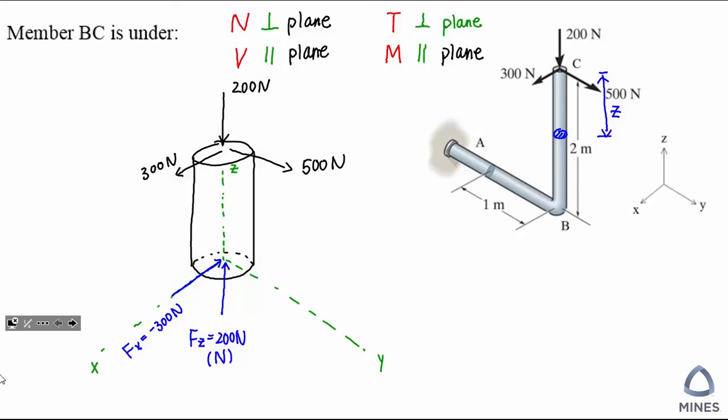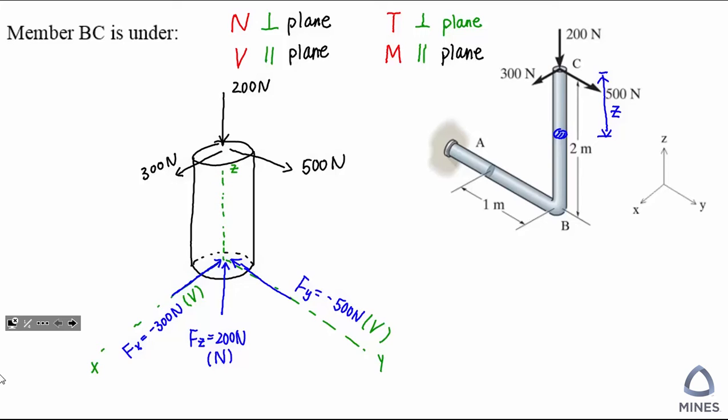Is this force a normal force or a shear force? You can see the arrow is parallel to the cutting plane, so this is a shear force. And this 500 Newton is also parallel to your cutting plane, so that's also a shear force.